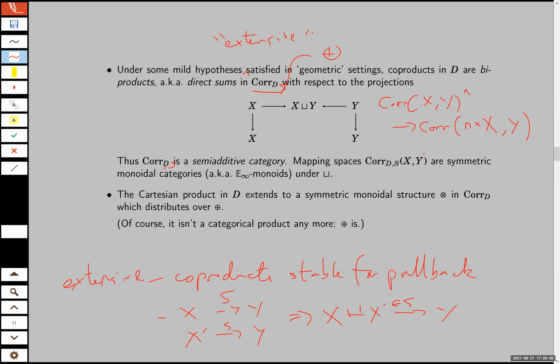And then I can just compose this. I can reduce this to a correspondence from x to y by composing with the map n cross x goes to x.